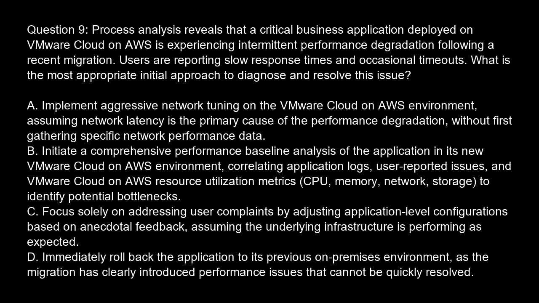Option C. Focus solely on addressing user complaints by adjusting application-level configurations based on anecdotal feedback, assuming the underlying infrastructure is performing as expected. Option D. Immediately roll back the application to its previous on-premises environment, as the migration has clearly introduced performance issues that cannot be quickly resolved.